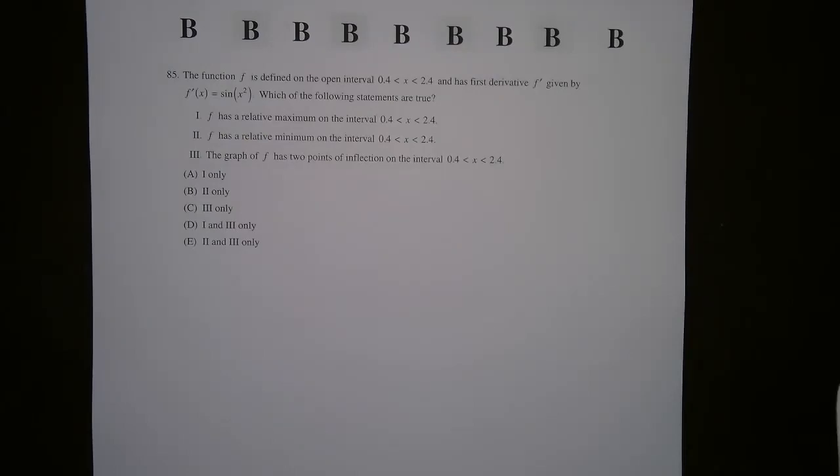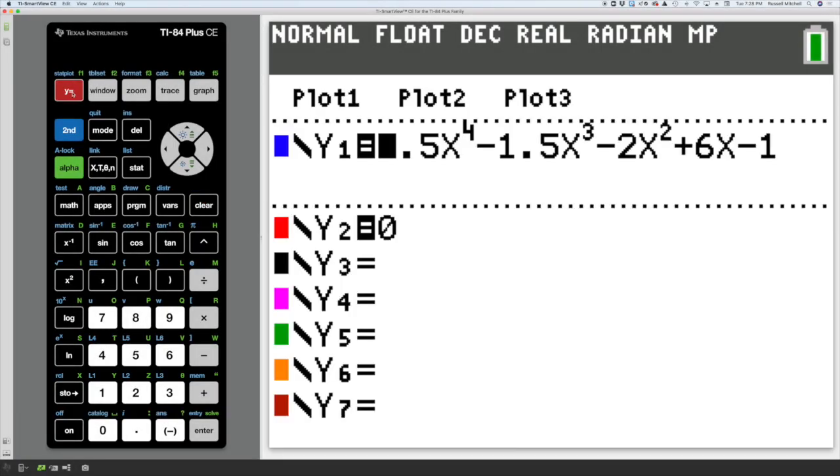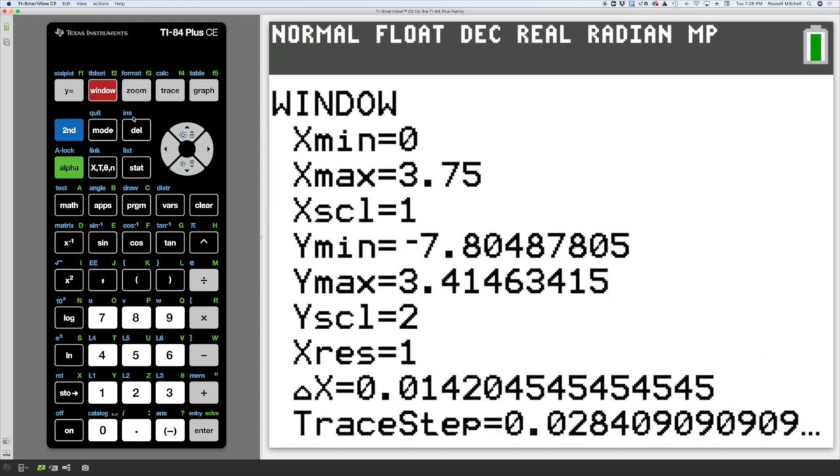So we're going to go to the graphing calculator and graph that. We want to go to y equals and clear out what we had earlier, okay? And we want to type in the function sine of x squared. Okay, and then we want to go to our window and change x min to 0.4.